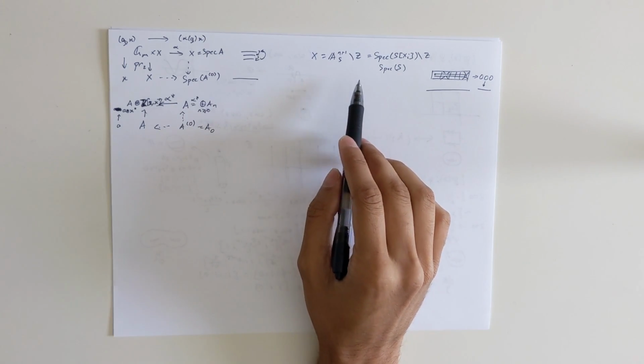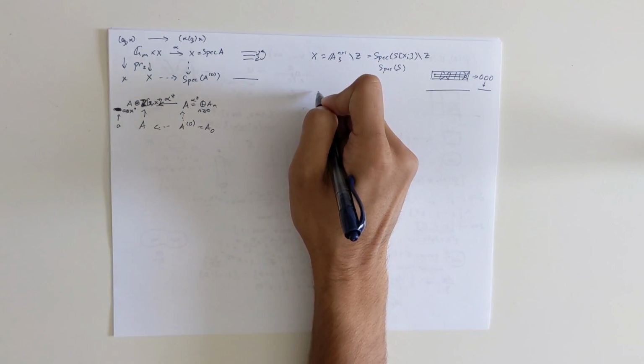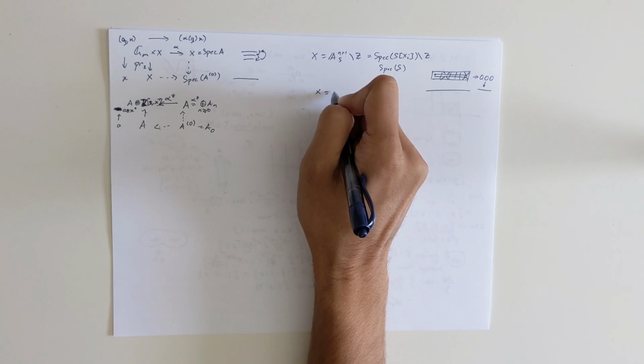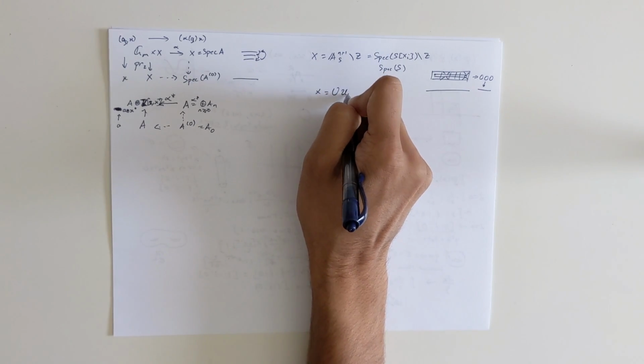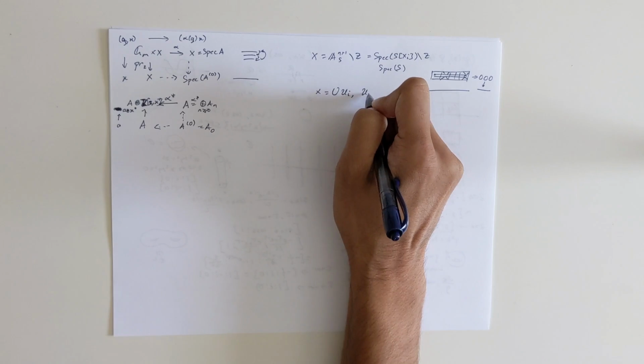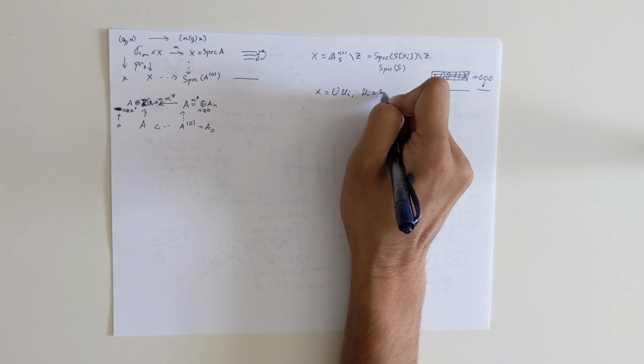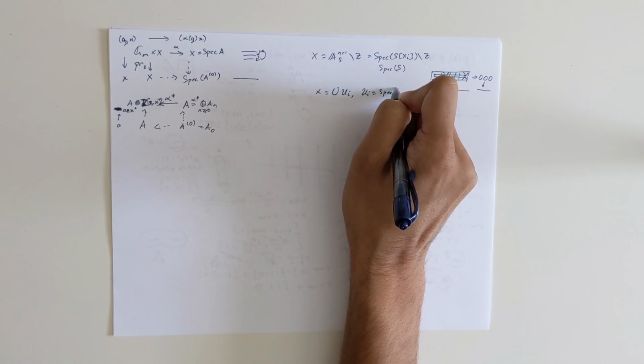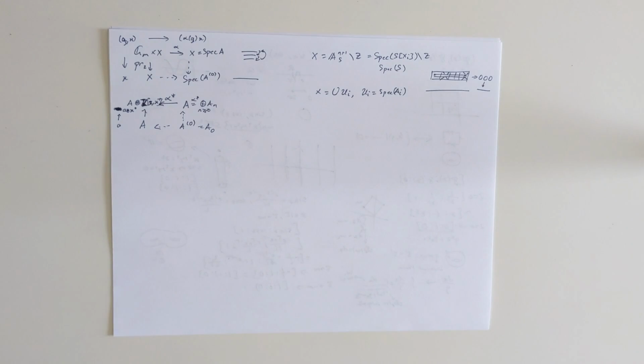So how can we fix this? Well, one thing that we can do is split X into the union of a bunch of U_i, where the U_i are some affine schemes, so Spec of A_i.